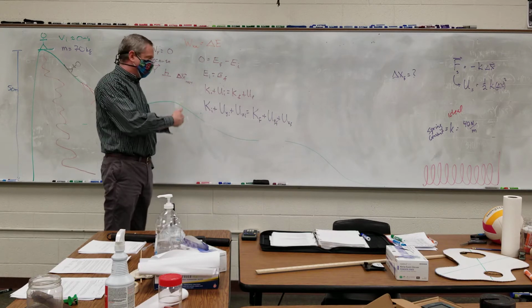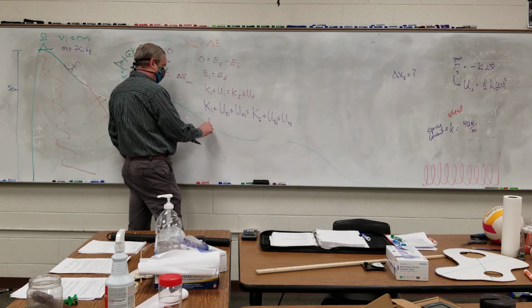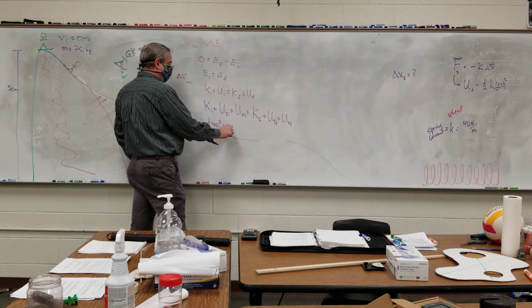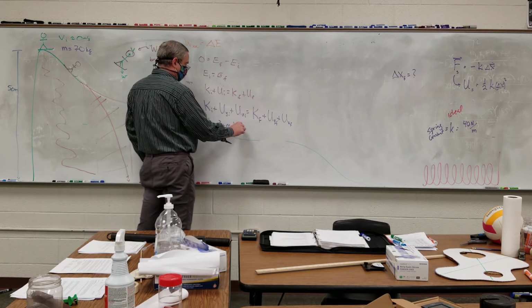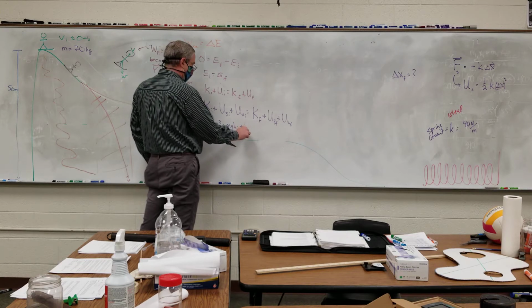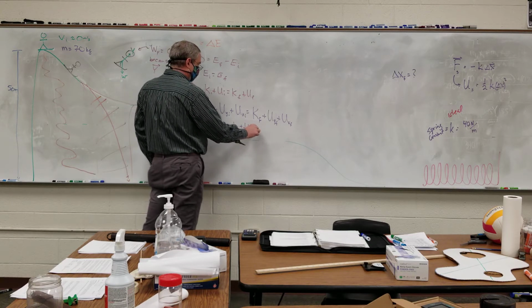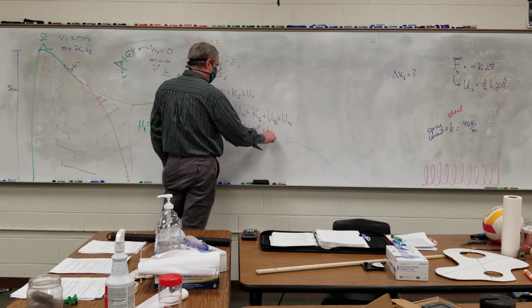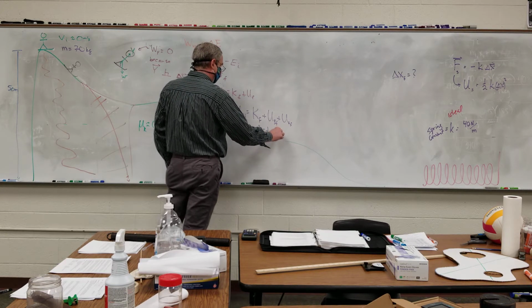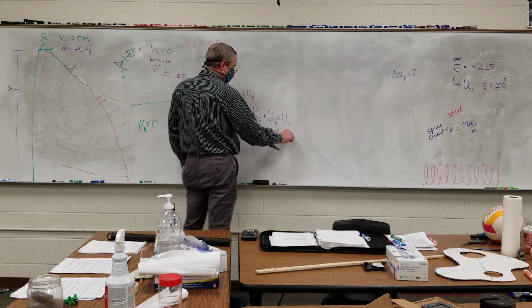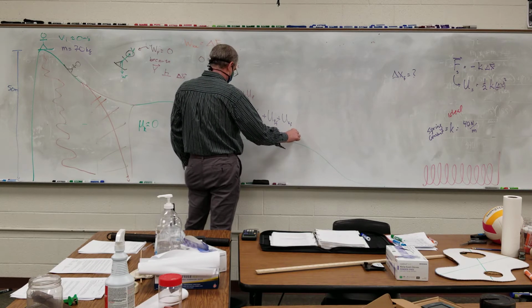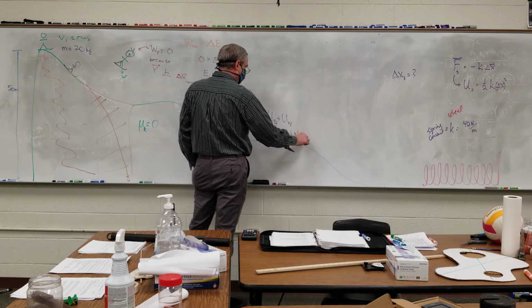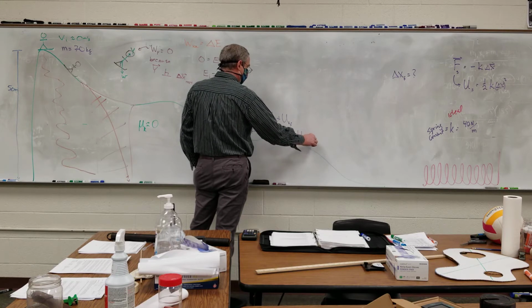And then back to where I was. So that's 1/2 mv initial squared plus mgh initial, plus 1/2 little k delta x initial squared is equal to 1/2 mv final squared plus mgh final plus 1/2 k delta x final squared.